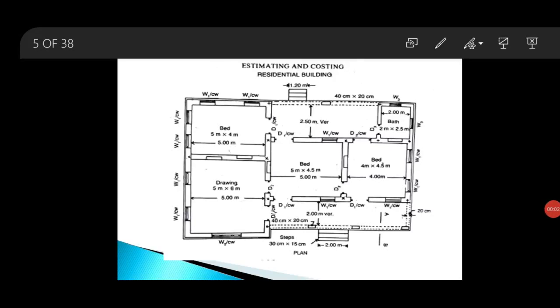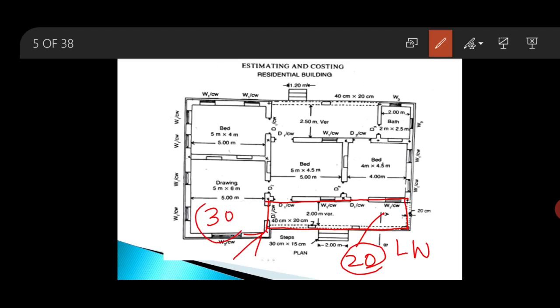So next we will move to the third part, that is the front veranda. In front veranda, this one is the long wall and it is of width 20 centimeter. And this long wall has a 30 centimeter wall on one side and is connected to a 20 centimeter wall on the other side.